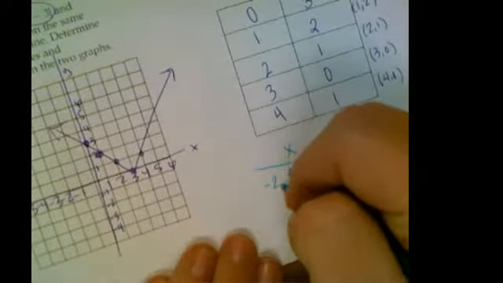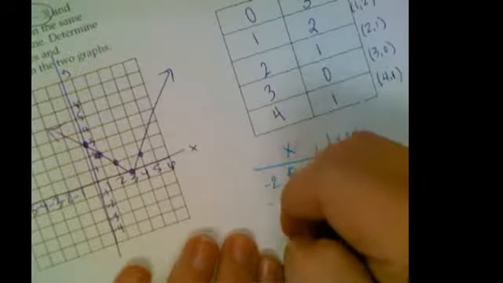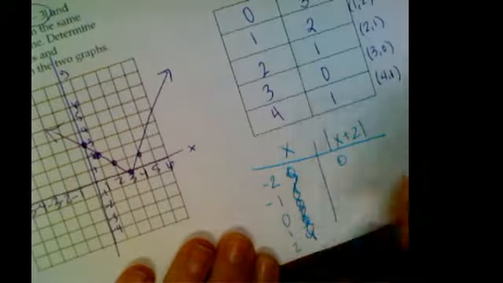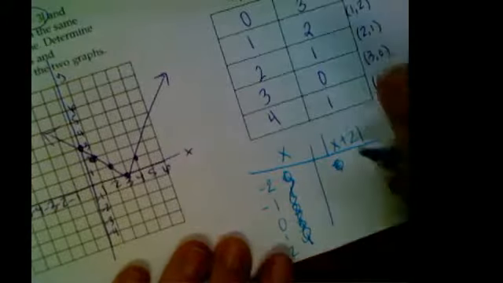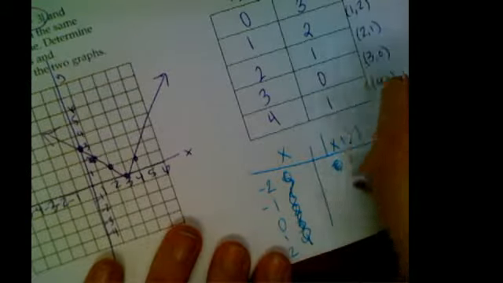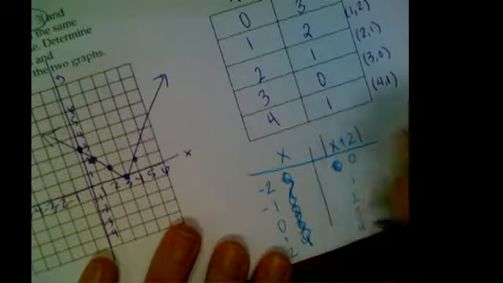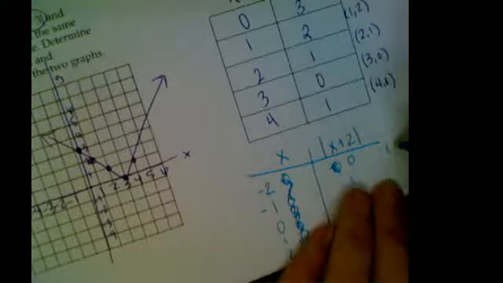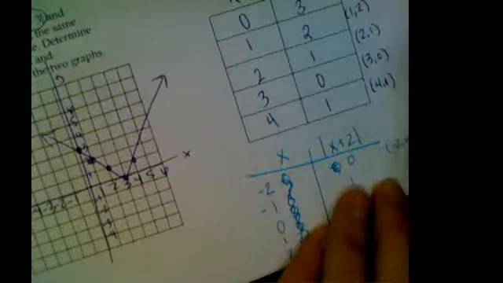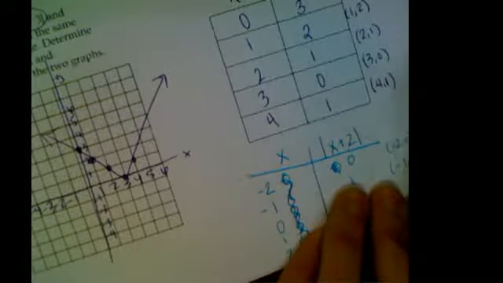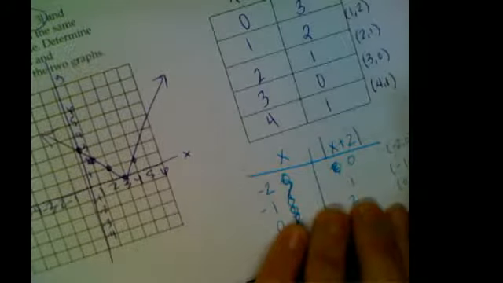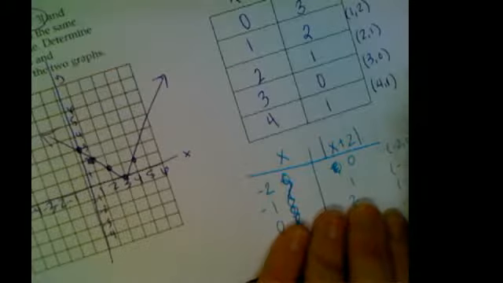If I choose different values, you can see the graph better. So I actually chose -2, -1, 0, 1, and 2. Okay, and if you do that, you should get 0, 1, 2, 3, and 4, which gives you ordered pairs -2, 0, -1, 1, 0, 2, 1, 3, 2, 4.